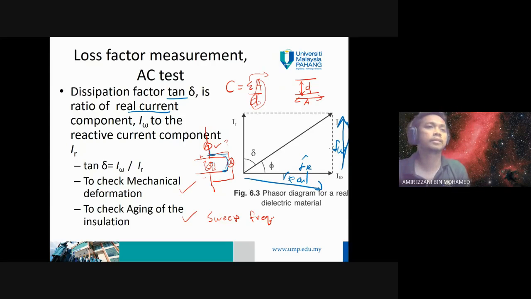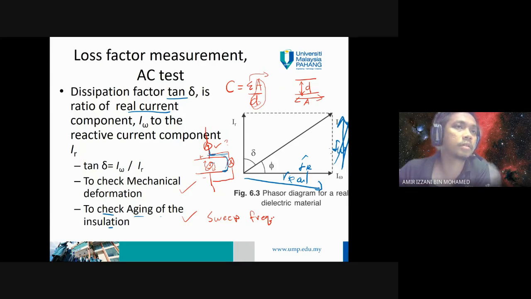So tangent delta is I omega over IR. We can check this one to determine the aging of the insulation. Meaning that if there is a lot of current here, this tangent will be higher, so the insulation must be replaced.